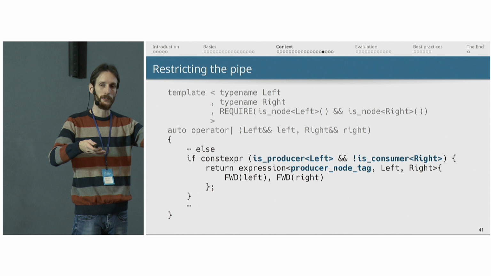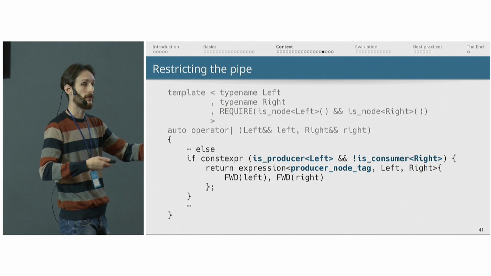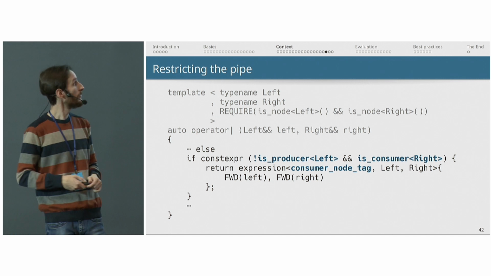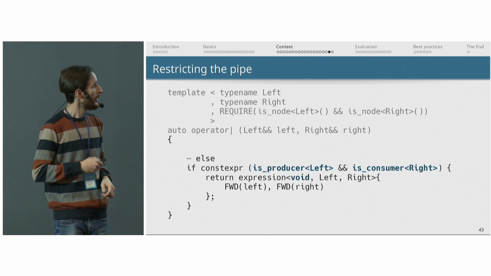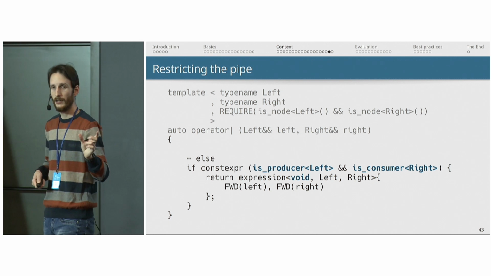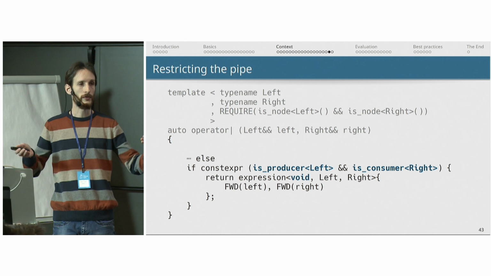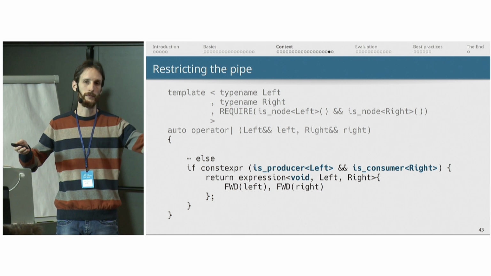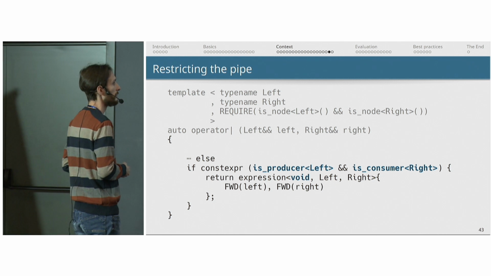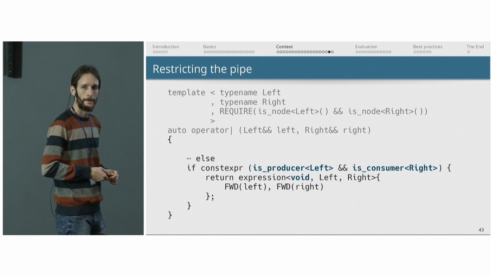The next step, if the left one is the producer and the right one is not a consumer, then we can look at the new result as a new producer, a transformed producer. The same goes the other way around for the consumer. And otherwise, we are going to return an expression which is void, because we don't want to allow it to be used in continued piping. Is this fine for now?